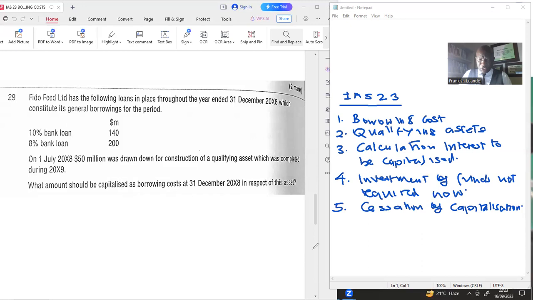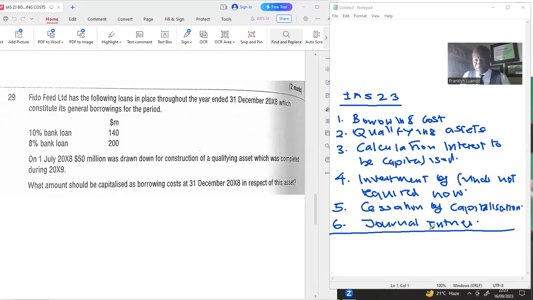And then we'll be looking at the journal entries. So in this first series of the videos, the focus will be on the outline. Borrowing costs, what are the borrowing costs? What are the qualifying assets? The calculation of interest to be capitalized.